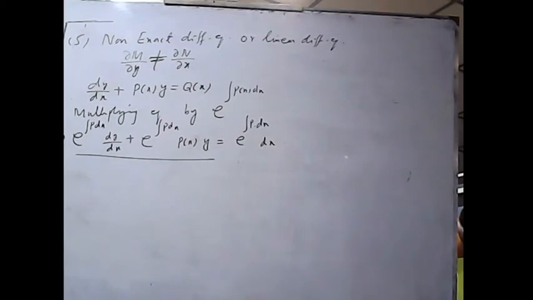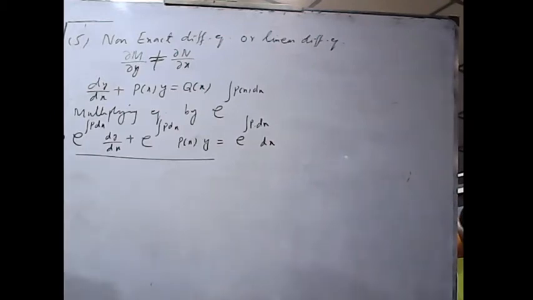In this pattern, the left hand side always has the u into v form, in which u is our multiplying function e to the power integral p dx, and the v function is y, the dependent variable.